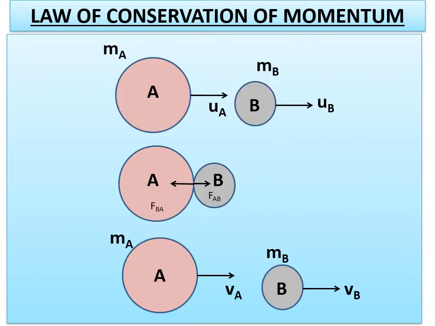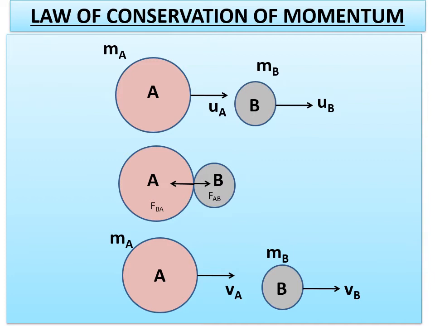So to prove this law, we have to consider an ideal collision experiment between two bodies. Here, two bodies means we can take in general two objects or two balls or whatever you imagine. Here, I'll consider two balls, ball A and ball B. Now, suppose ball A and ball B are moving in the same direction along a straight line with different velocities.